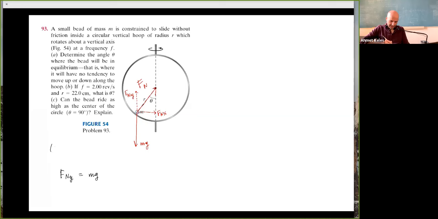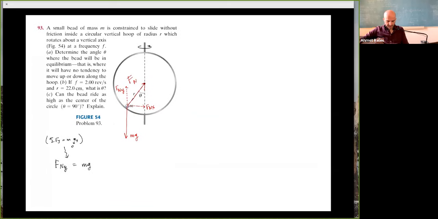This is, by the way, saying that along y, m times a is 0. This comes from here, okay? But I'm just skipping these intermediate steps because I feel like you already know this. And F normal Y is equal to F normal times cosine theta, if this angle is theta.